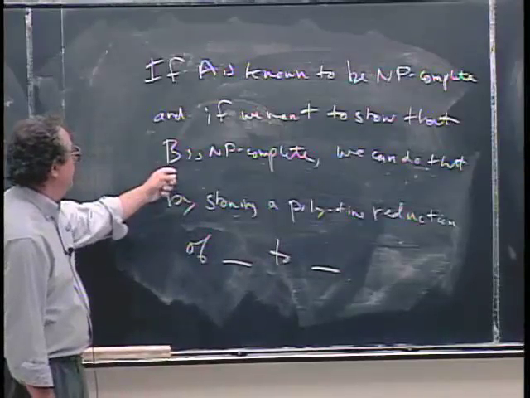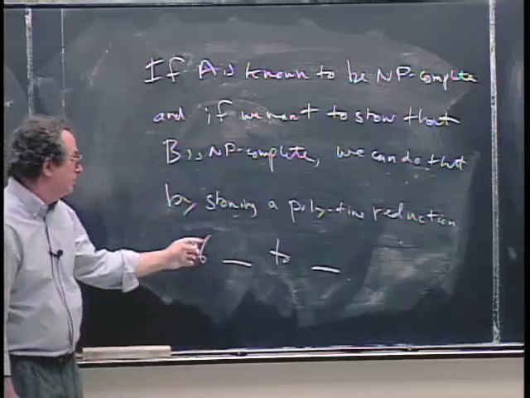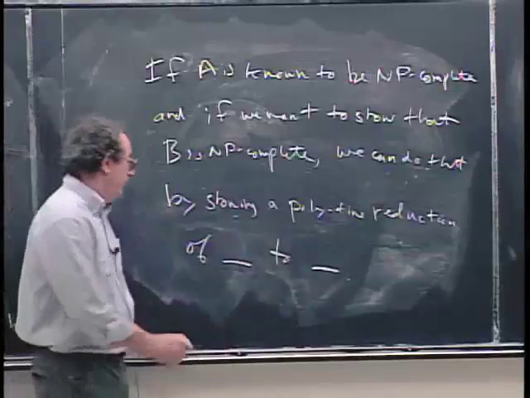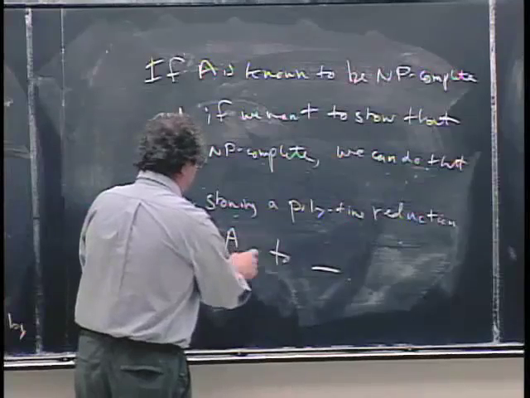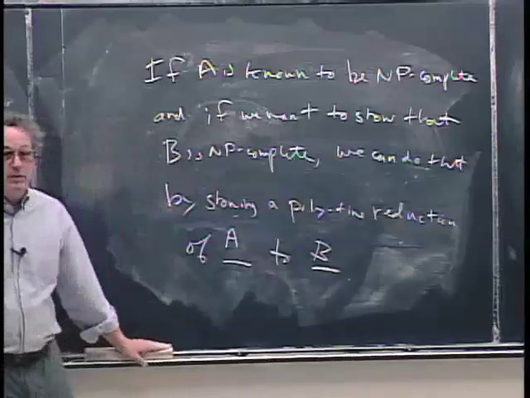So at any rate, what do we fill in here? We want to show that B is NP-complete. We already know that A is NP-complete. We reduce which language to which language? Yeah, A to B. The known NP-complete language has to reduce to the language that we want to show is NP-complete.